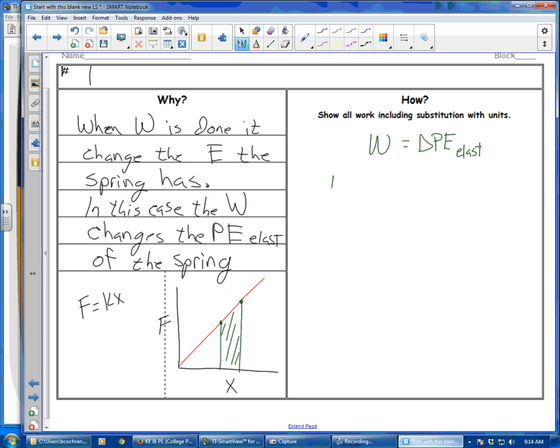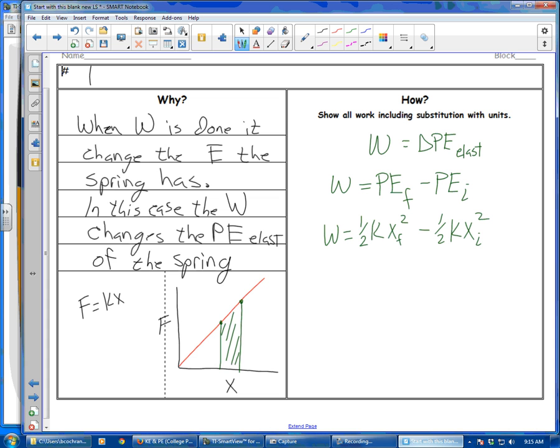Work's what I'm looking for. My change in PE is going to be my potential energy final minus my potential energy initial. Because it's elastic potential energy, my equation for elastic potential energy is 1/2 kx squared, and that would be 1/2 kx final squared, minus 1/2 kx initial squared.